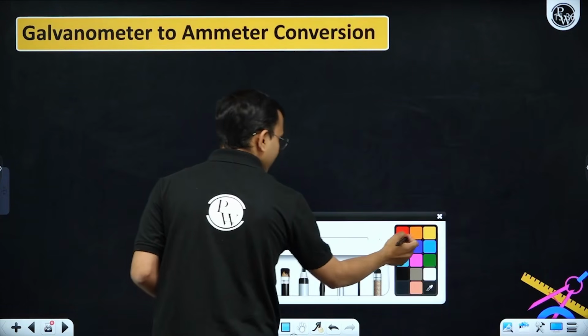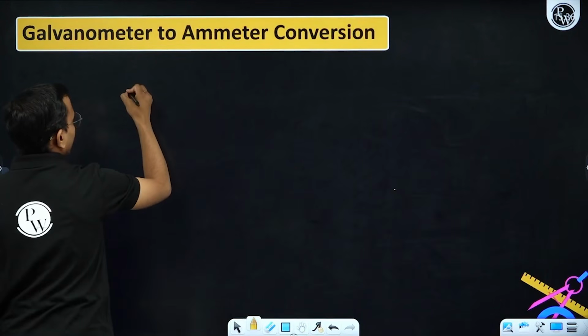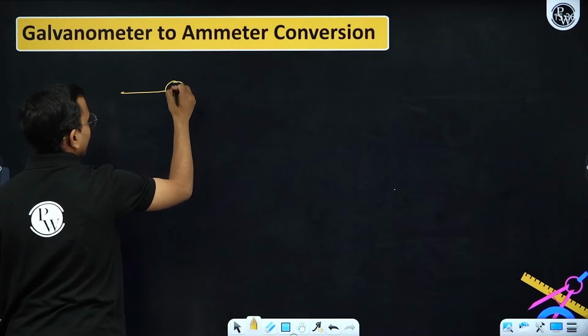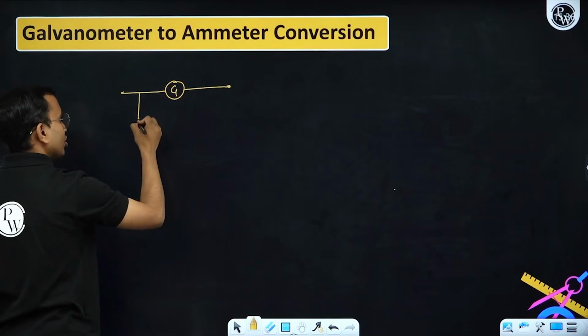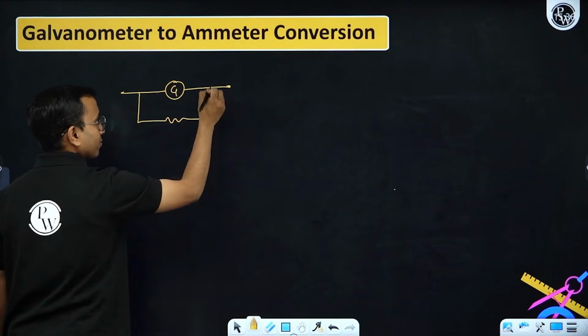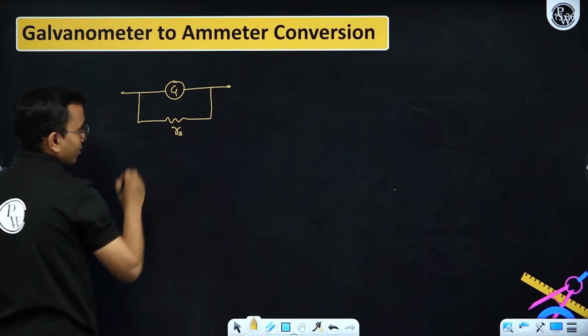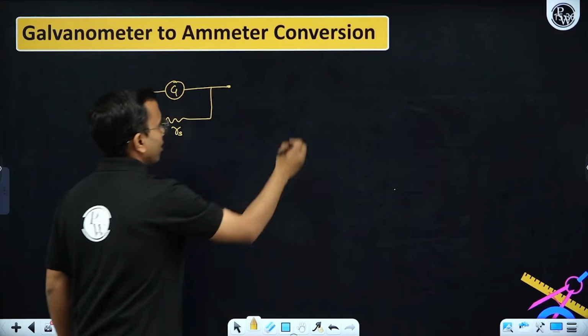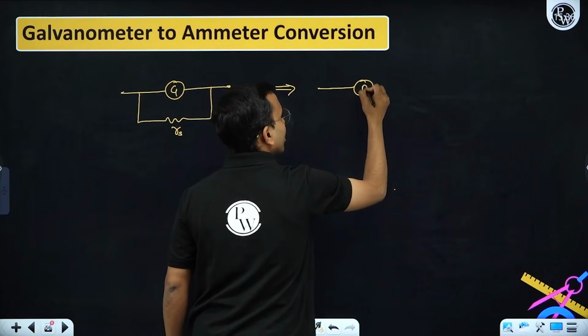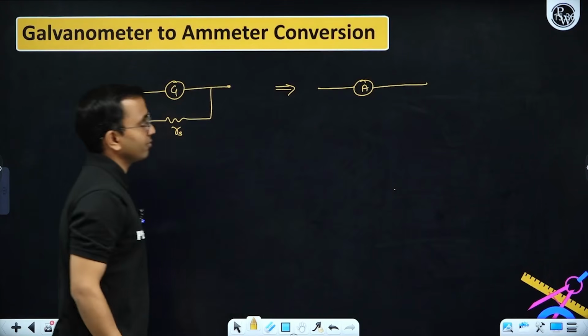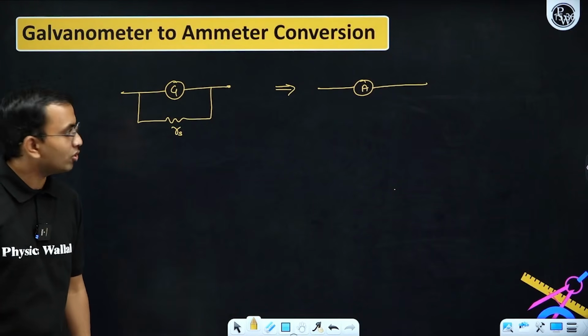Means what? This is a galvanometer. I'll connect a shunt resistance R shunt in parallel, and this will behave like an effective ammeter. How will the range be increased?